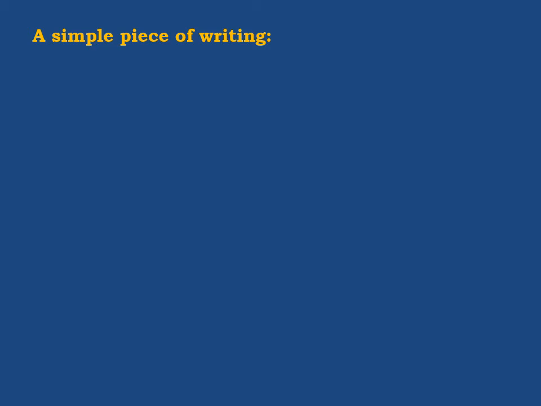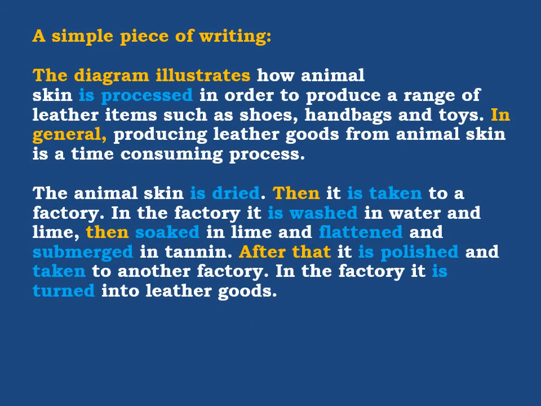It takes time to produce these things. So this is something general. I'm not talking about one specific step, all right? I'm talking about the whole process in general. Then let's move to the body, see how we can write the body.